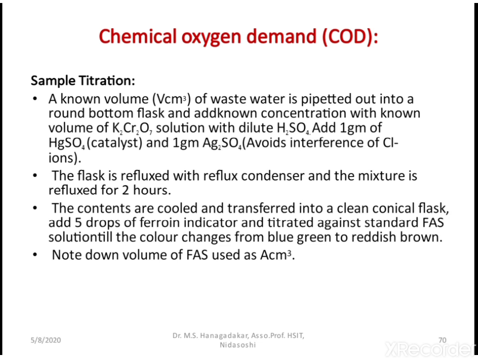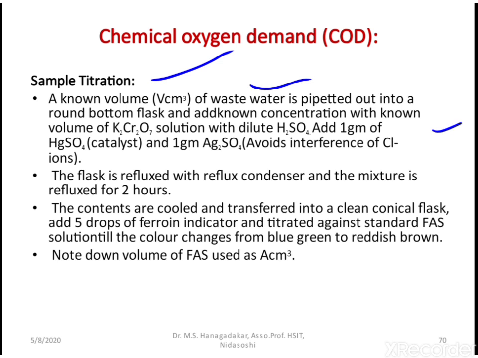Now COD determination involves two important steps. The first is the sample titration, the second is the blank titration. In the sample titration, we take a known volume of wastewater in a round bottom flask and add a known concentration of K2Cr2O7 with dilute sulfuric acid.